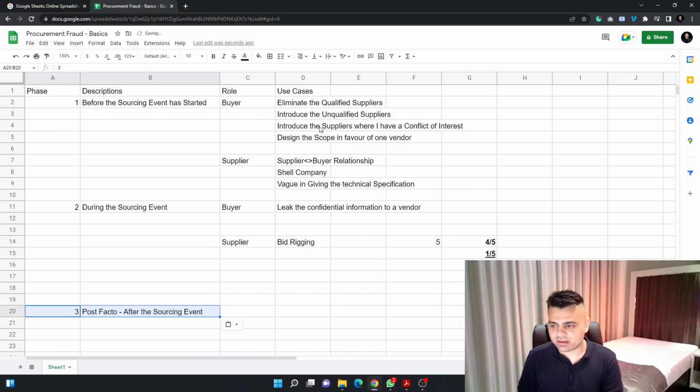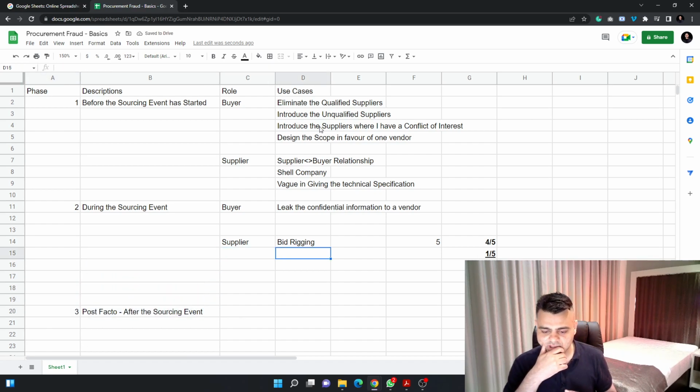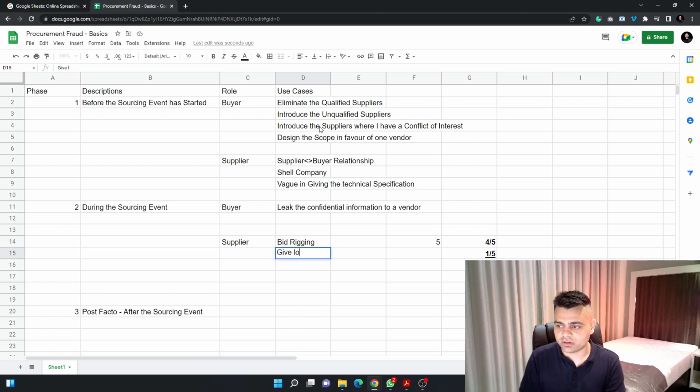The second use case in this would be a malicious supplier giving the lowest offer to win the bid, but following up with many change order requests.